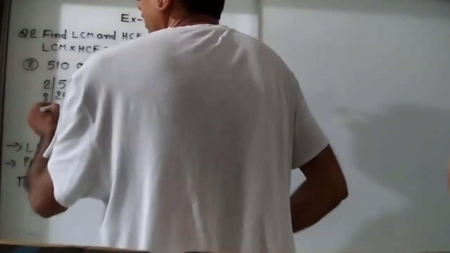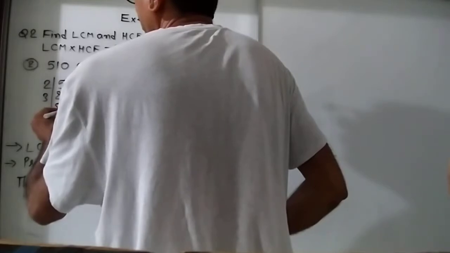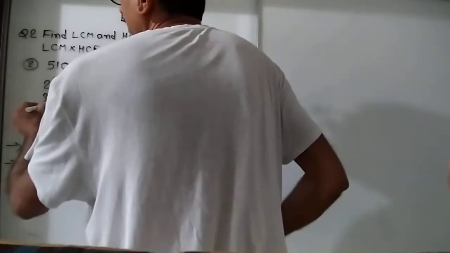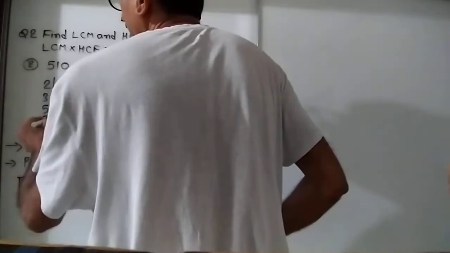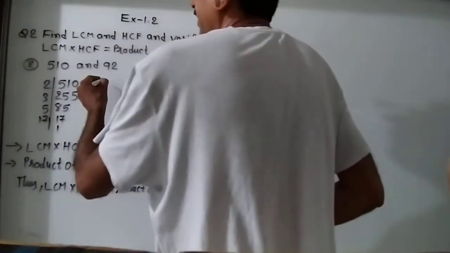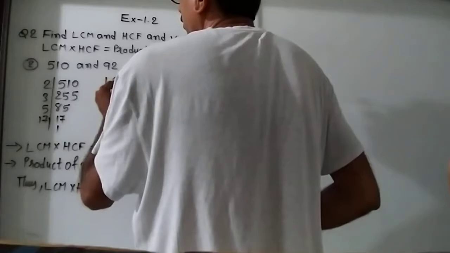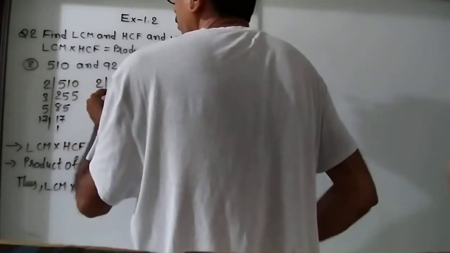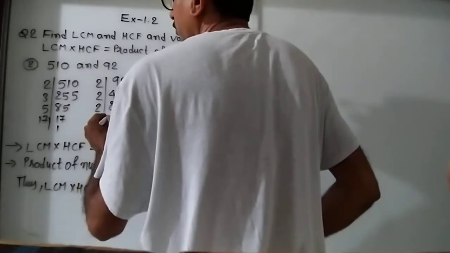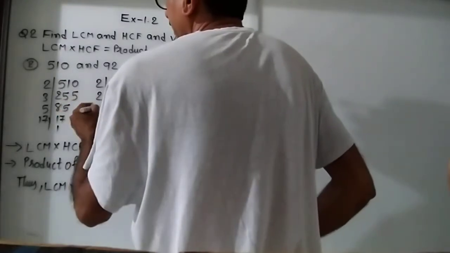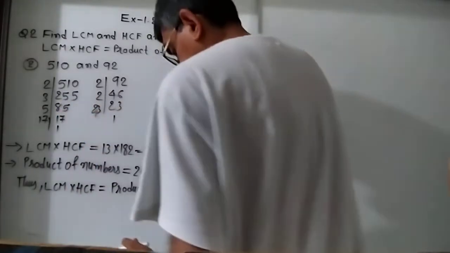Then we divide by 3, 3 times 85 is 255. Then 85 divided by 5 gives 17. And then 92: 2 into 46, then 2 into 23, then 23 into 1.